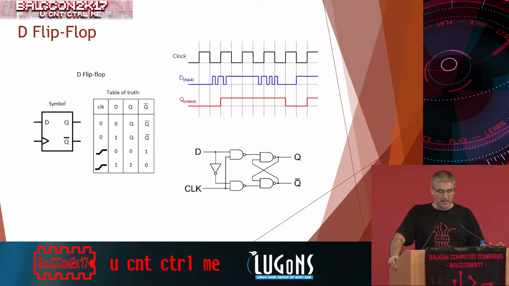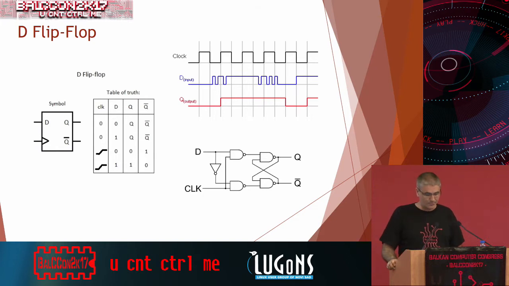We only change our outputs depending on the clock change. As you can see here, D is changing, but we are not changing our output unless there is a clock signal. So we can also prevent some jittering on the input signal.